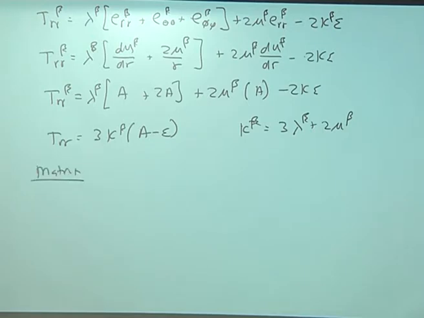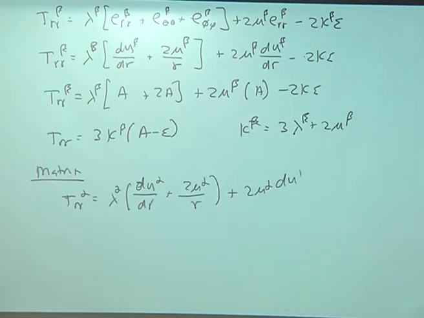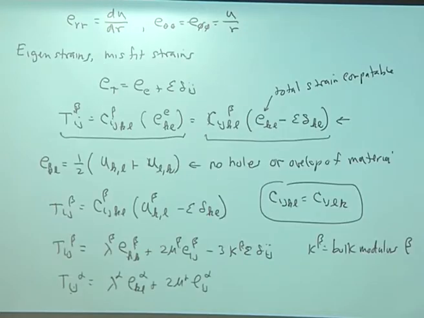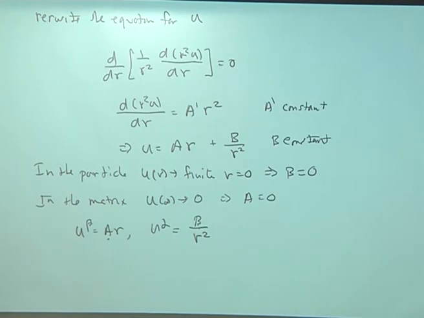In the matrix phase, you have TRR alpha, the same equation that we had before from up top, except without the eigenstrain. And now TRR alpha looks like this.